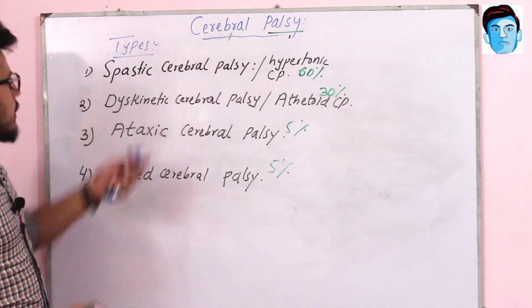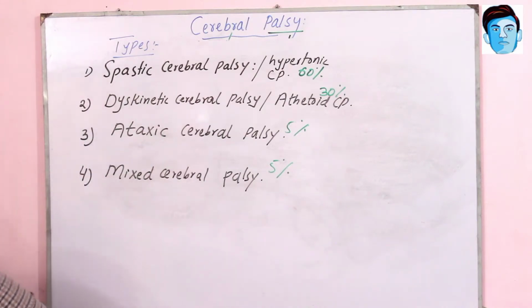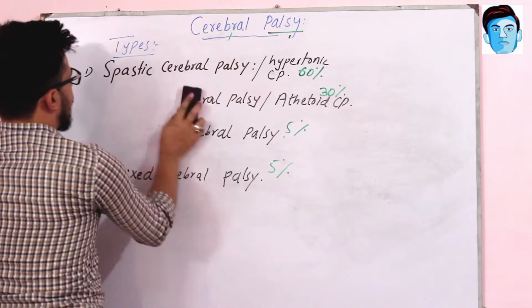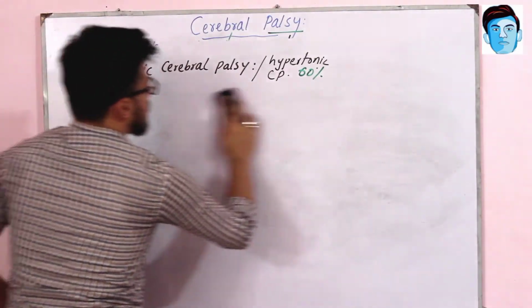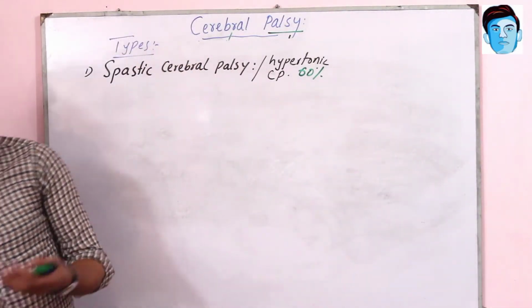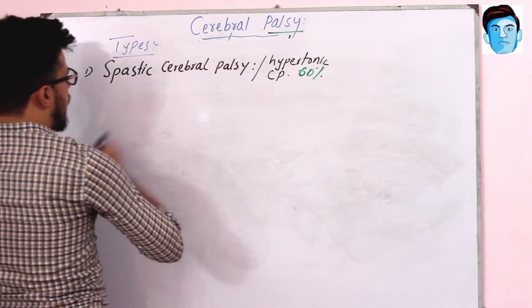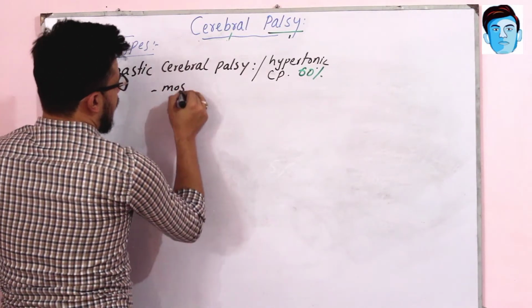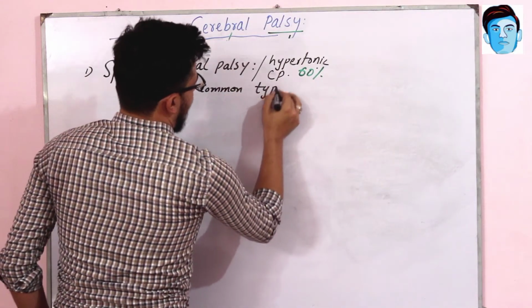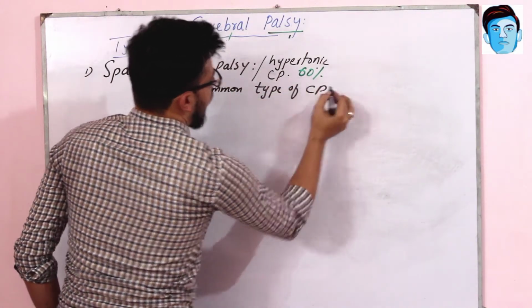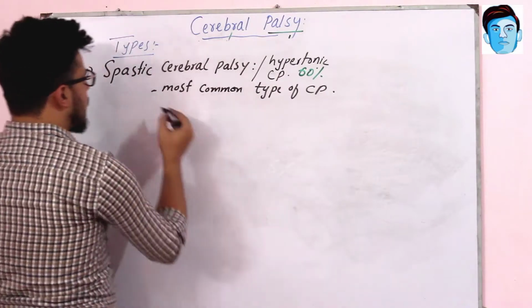Now let's discuss each type of cerebral palsy in detail. Let's discuss the first type, that is spastic cerebral palsy. It is the most common type of cerebral palsy, and it is an upper motor neuron lesion.